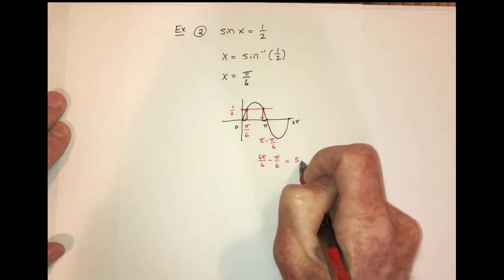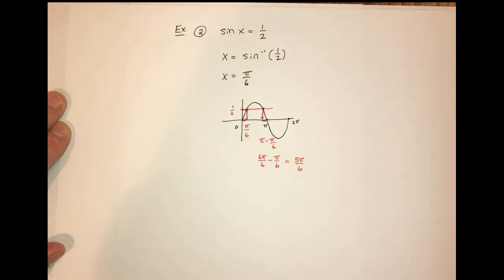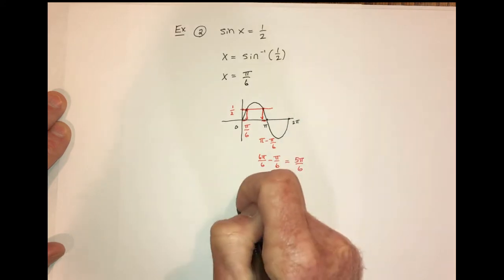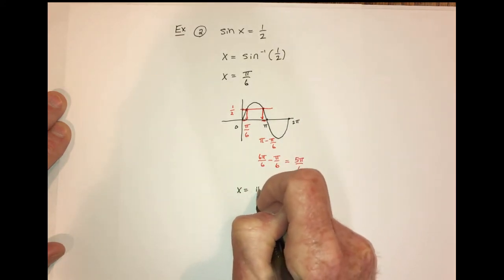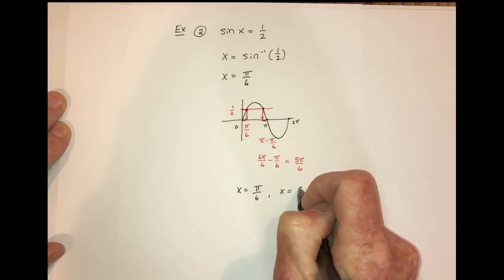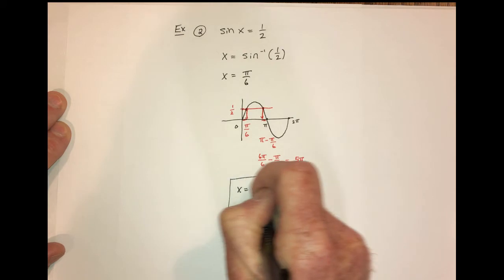So that is 5 pi over 6. And then we're done with this one. So x equals pi over 6 is one answer. x equals 5 pi over 6 is another answer.